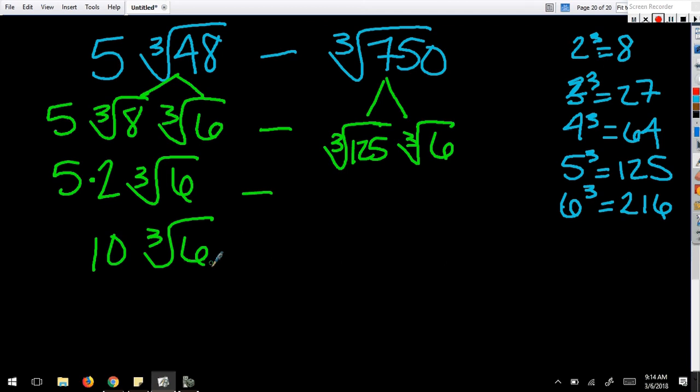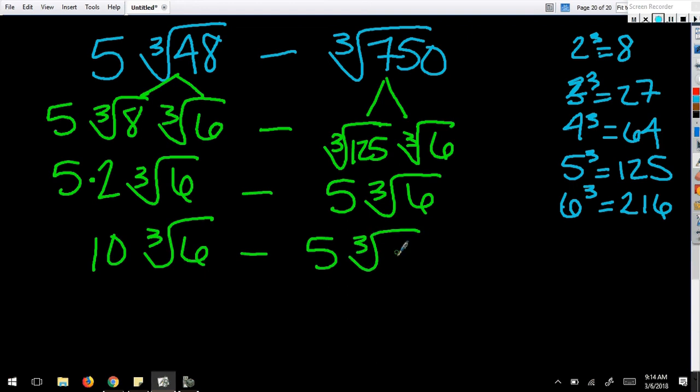You can't break that down any further. Cube root of 125 is 5. And again, I can't break that down any further. So now I have 10 times the cube root of 6 minus 5 times the cube root of 6. So it would be 5 cube root of 6 because I just combined the coefficients out front.